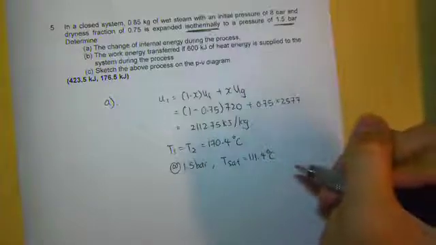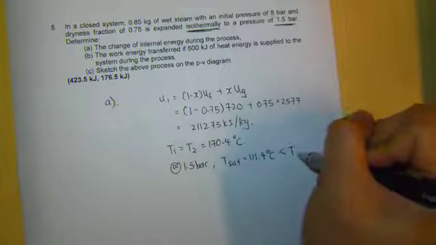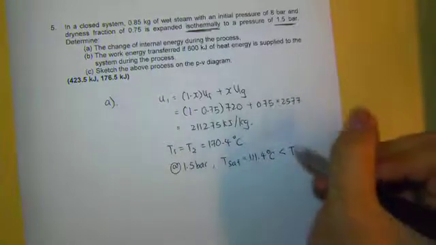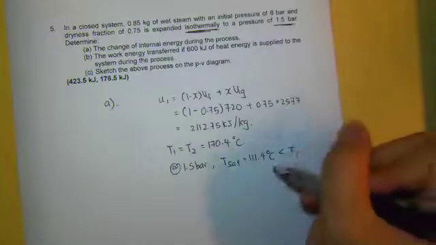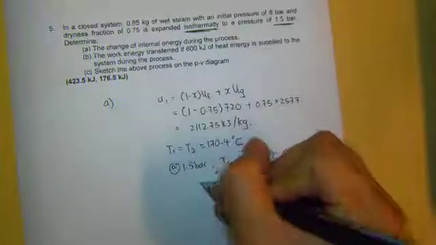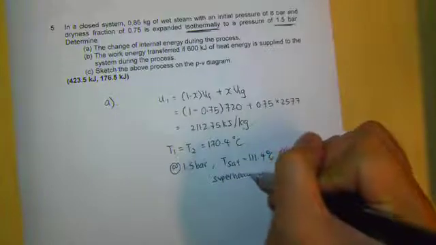So clearly this is less than T2, or in other words, T2 is more than the Tsat. So T2 is more than the boiling point. Therefore, we can conclude that this must be superheated steam.